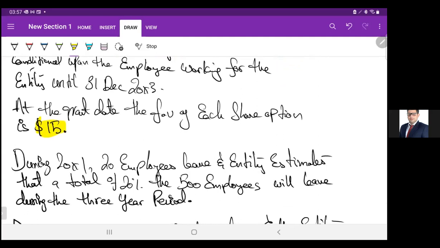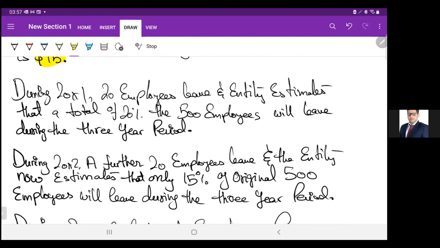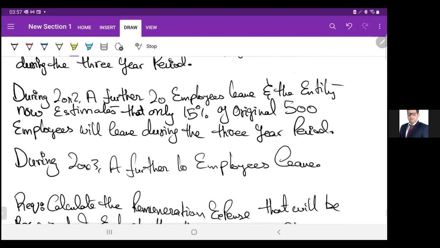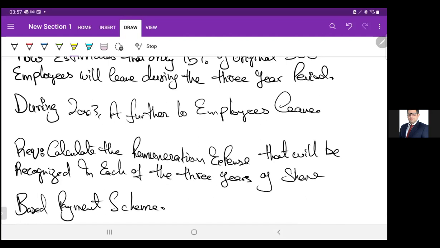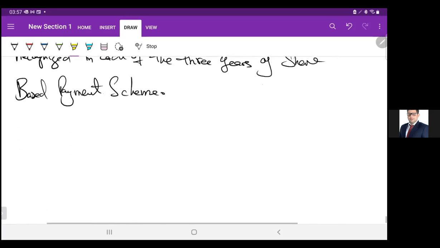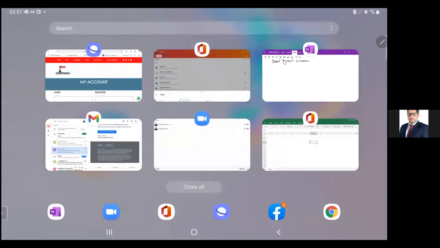During 2000X1, 20 employees leave, and the entity estimates that a total of 20% of the 500 employees will leave during the 3-year period. During 2000X2, a further 20 employees leave, and the entity now estimates that only 15% of the original 500 employees will leave during the 3-year period. During 2000X3, a further 10 employees leave. Now we have to calculate the remuneration expense that will be recognized in each of the 3 years of the share-based payment scheme, right?